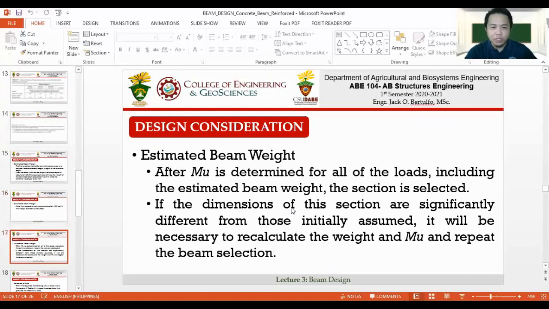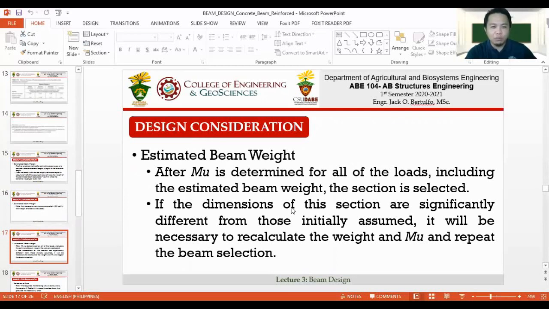So after Mu is calculated, this Mu is from the live load and the dead load. If you recall the structural loads, I presented lots of formulas about Mu. What will happen if the loads present are live load and dead load? If there is wind or rain, then U changes accordingly.